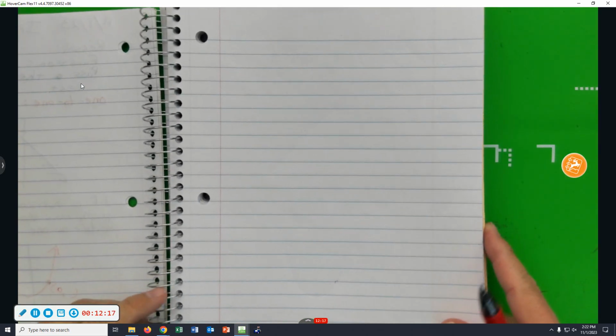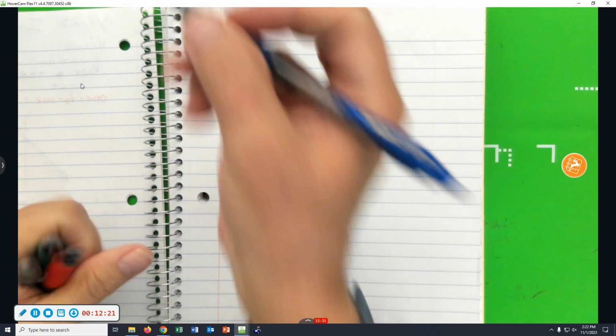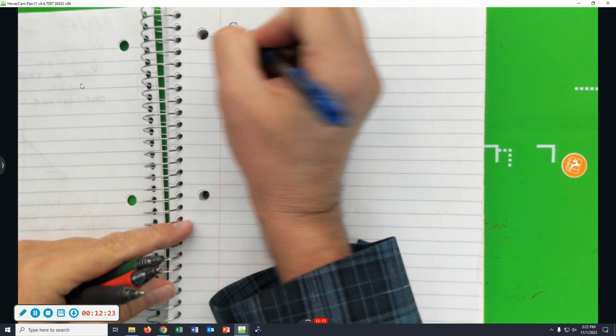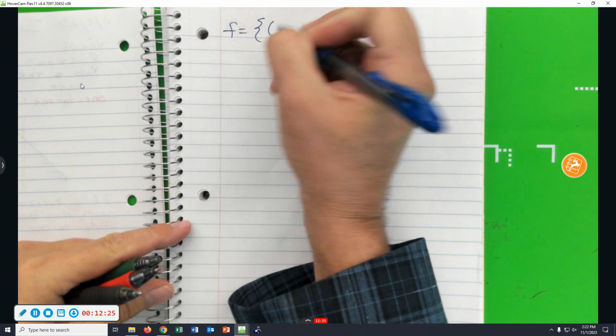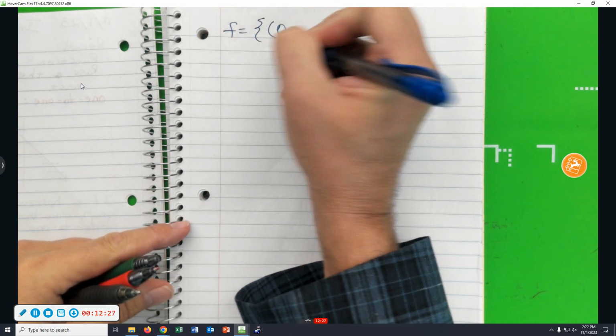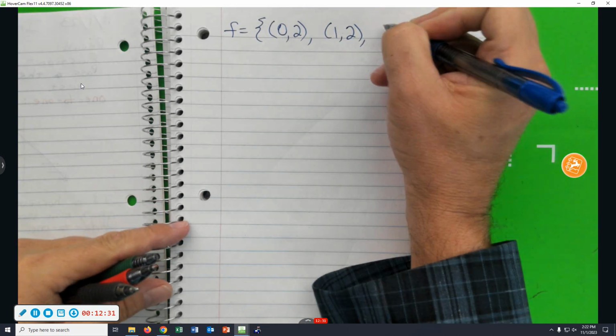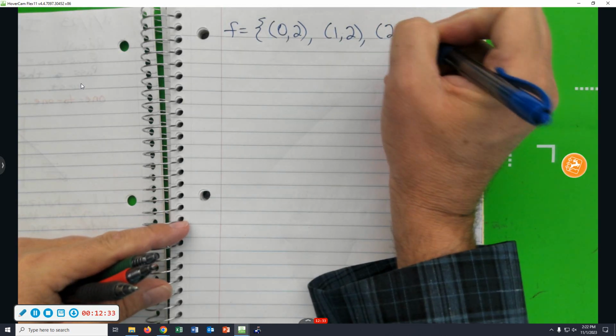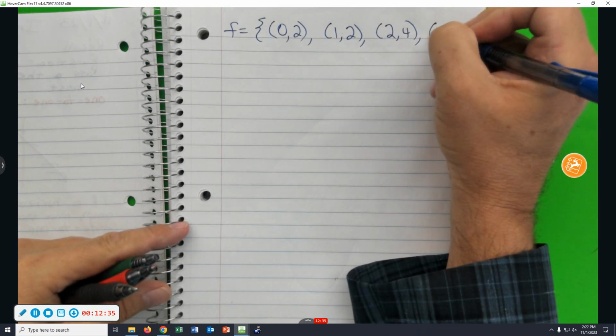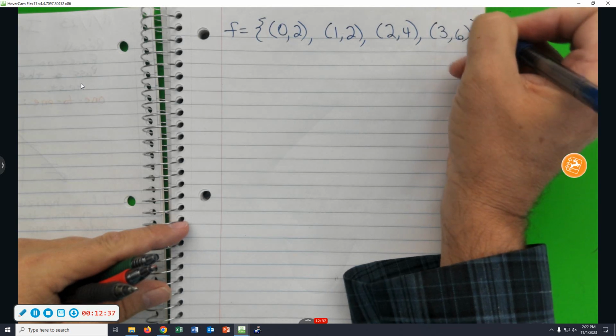We have a very nice notation for inverse, so we don't have to be writing out that word inverse. Let's suppose I'm going to make up two functions. Here's my function f. Let's say it's 0, 2, 1, 2, 2, 4, and 3, 6.